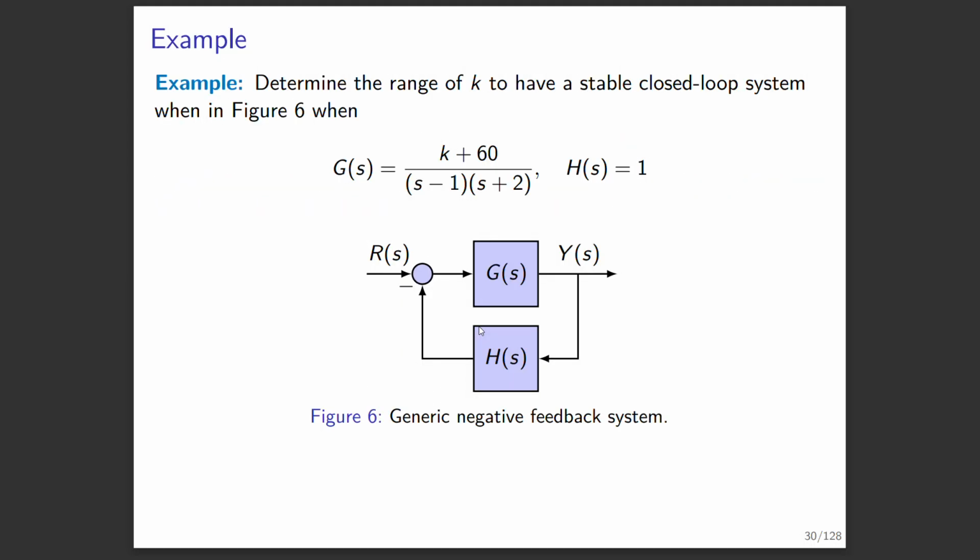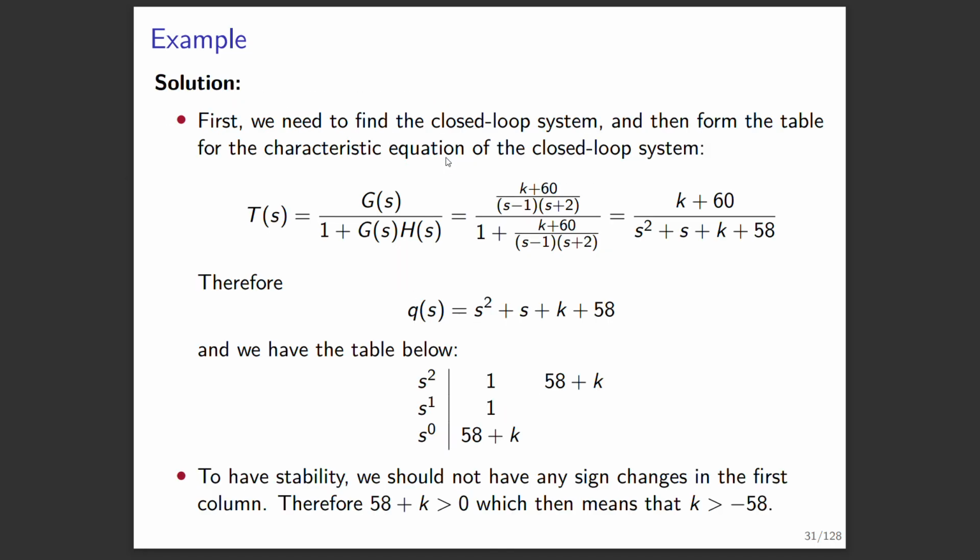Okay, now I have a feedback system and I'm being asked to determine the range of k. So I have an unknown, I want to find the range of it to have a stable closed loop system. What would I do? Well, I find the closed loop system first, G divided by 1 plus GH. I'm going to have this transfer function.